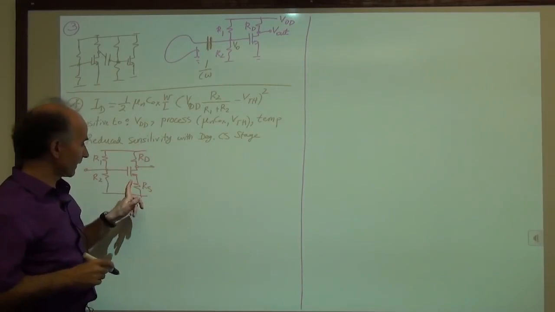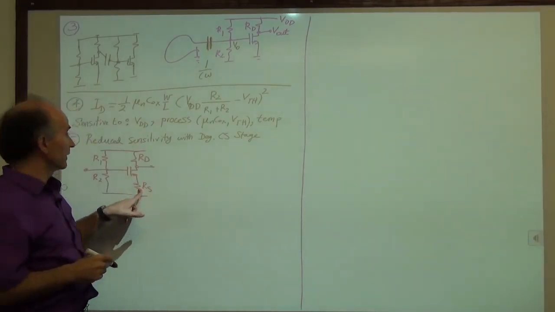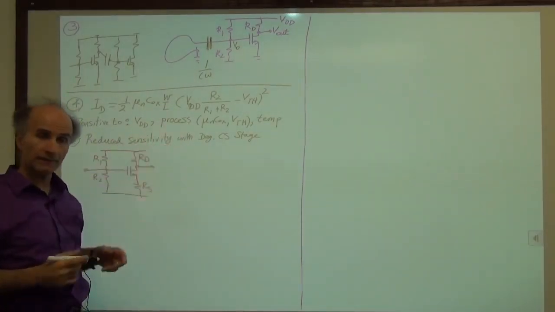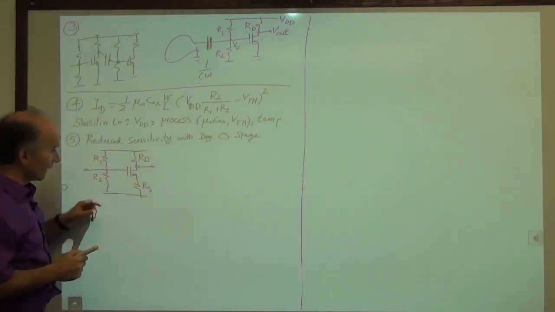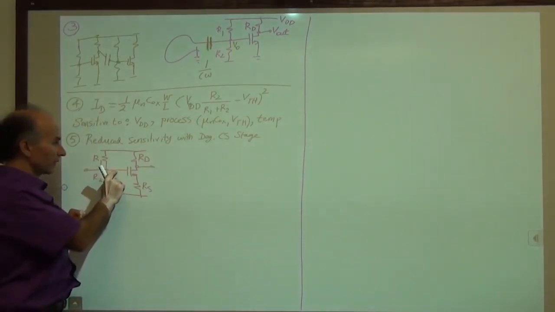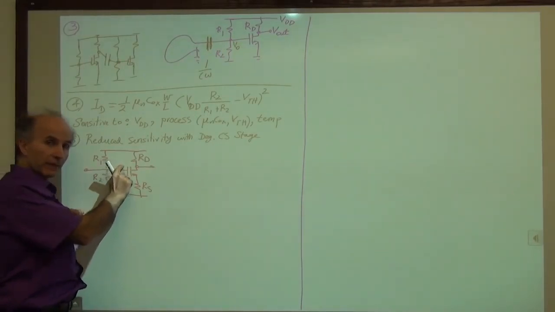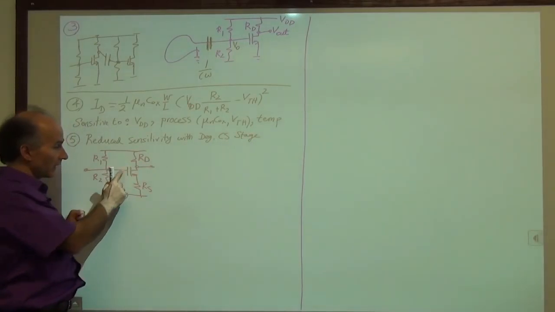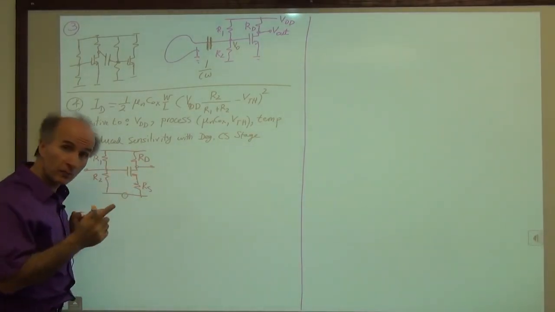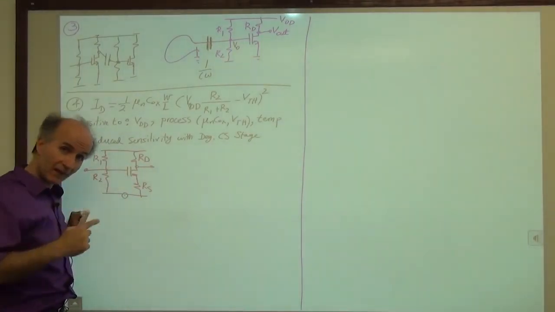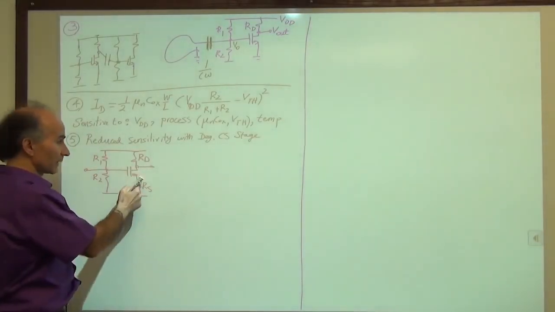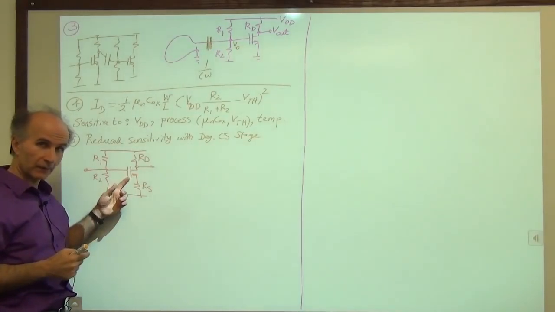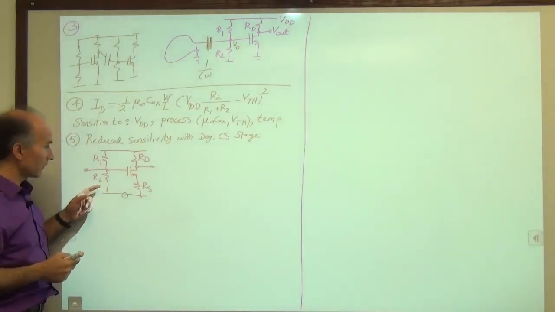Why is it that this degeneration helps reduce these sensitivities? Remember what we said before: if the gate of this device is perturbed by some amount, delta V, then VGS does not change by delta V. It changes by less than delta V, and that means the current has less sensitivity to that delta V. It's the same situation here.